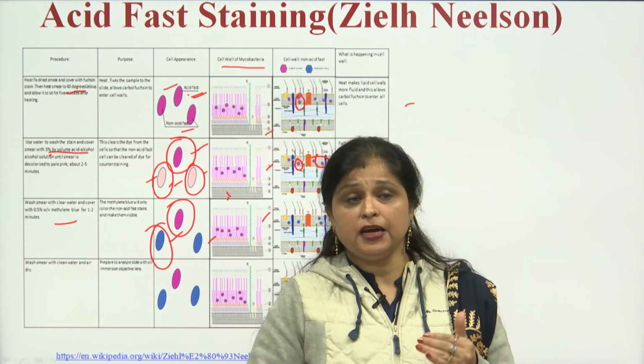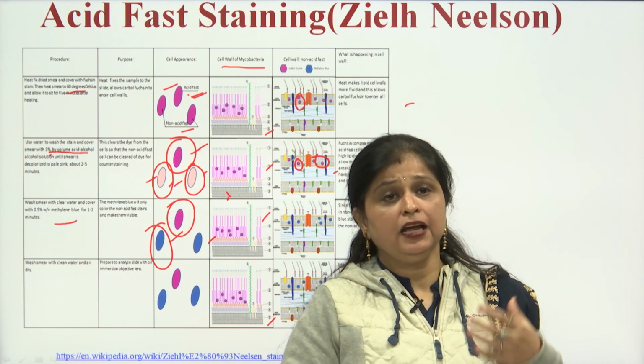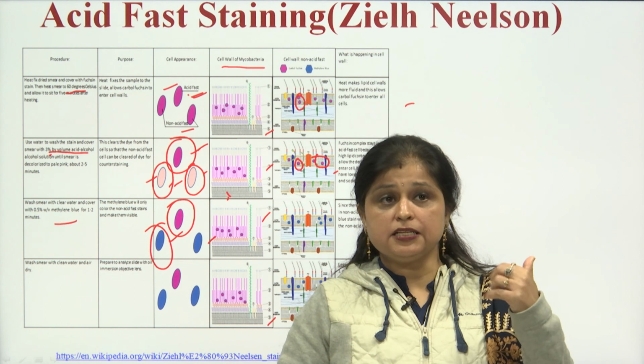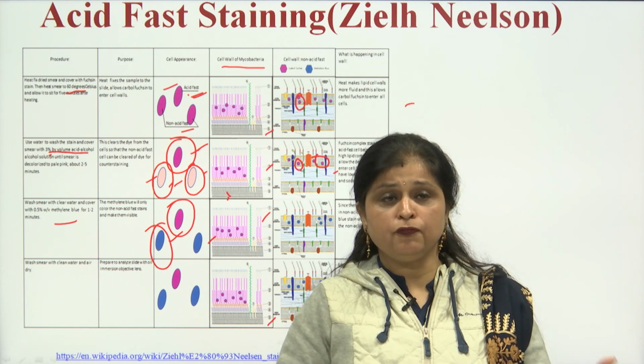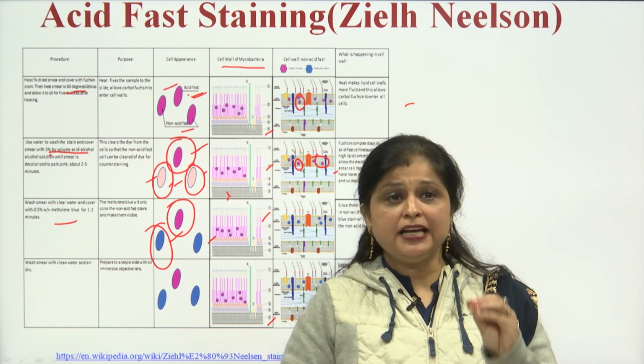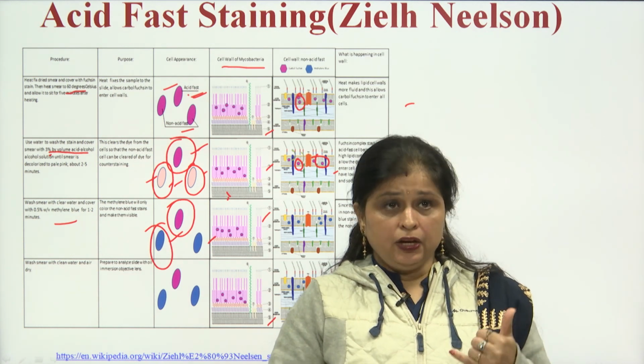Similarly, Ziehl-Neelsen gave the acid fast staining, with the primary reagent carbolfuchsin and the secondary reagent methylene blue. Using two dyes within the same procedure, we can differentiate between acid fast and non-acid fast.